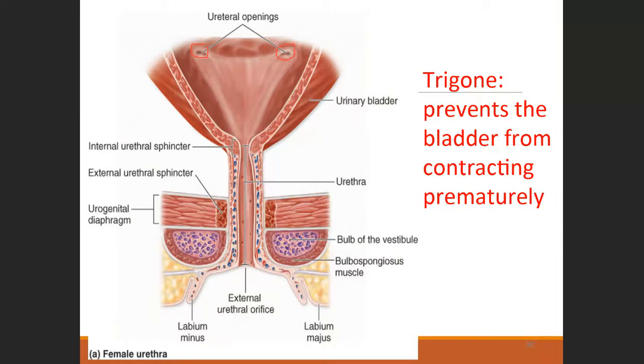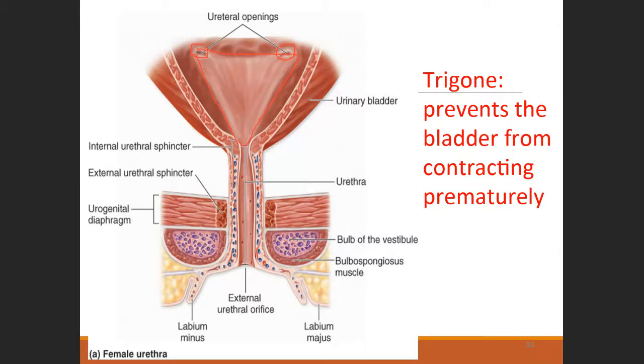The trigone is going to be a sensitive band of tissue that extends from the inferior drainage portion of the bladder with both ureteral openings, packed with stretch receptors. It's the trigone that prevents premature bladder contraction.